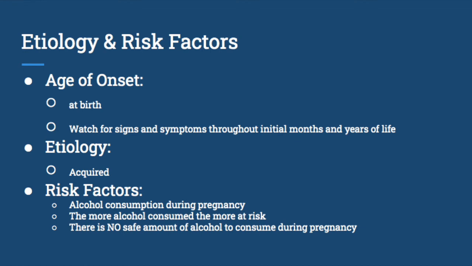The etiology is acquired, and risk factors include alcohol consumption during pregnancy. The more alcohol that is consumed, the more the risk, and there is no safe amount of alcohol to consume during pregnancy. It has been found by the Institute of Medicine that of all substance abuse, including cocaine, heroin, and marijuana, alcohol produces the most serious neurobehavioral effects on the developing fetus.